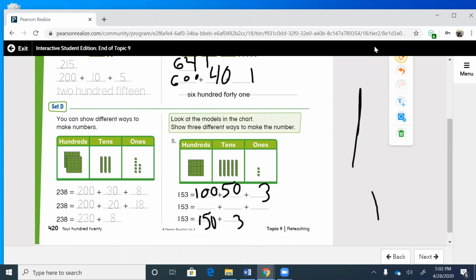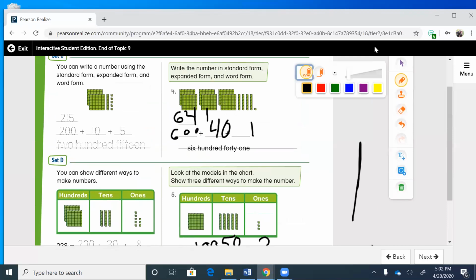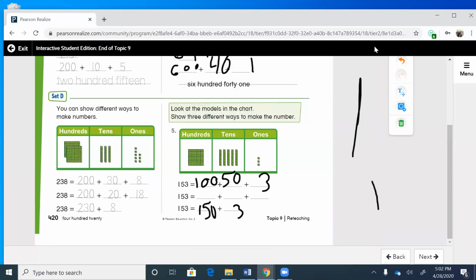All right, so now we have to do it with 3 different numbers. So here's what we'll do. We have to use every single part because they're asking for 3. See the 3 lines? So we're going to have to move. We can just take a 10, all right? So watch this.